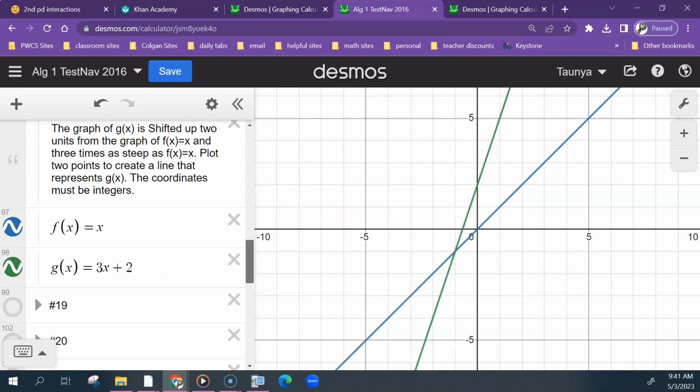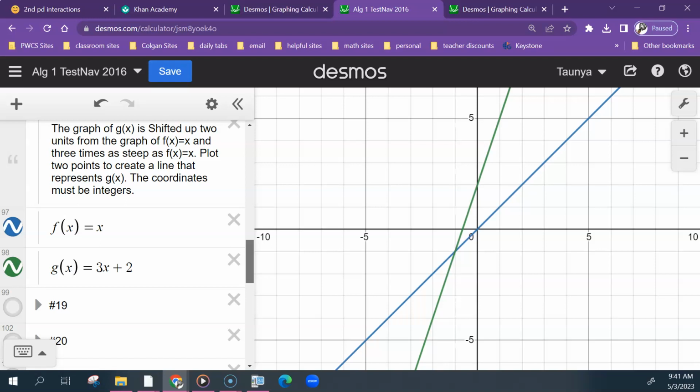18 is really a plot point, so you don't really need Desmos for that, but to help you see it, you could use it. If it's been shifted up 2, your y-intercept is now going to be at 2, which Desmos could help you see. And if it's now 3 times as steep, that's going to be your slope.